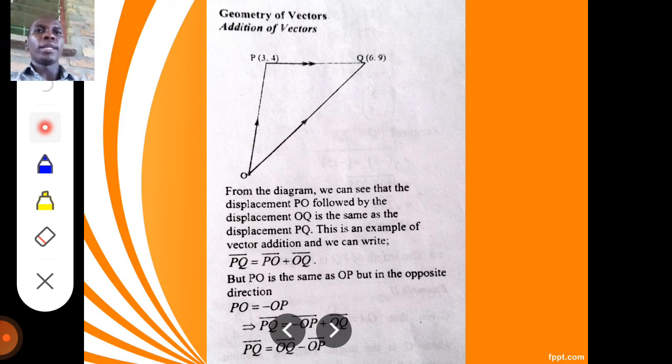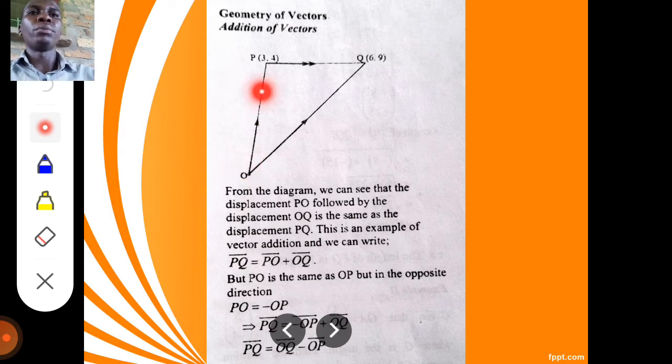In vectors, an arrow is very important because it indicates a particular direction. So OP is the same thing as PO but in the opposite direction. When you are writing OP, it is the same thing as negative PO. Why?